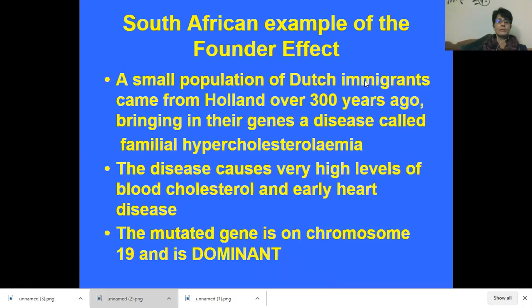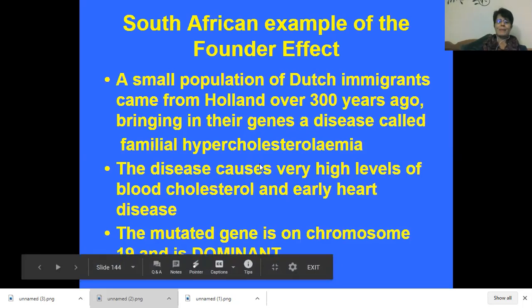So this we have done, and now there's two examples here. The Dutch immigrants that came from Holland 300 years ago not only brought Huntington's chorea, but there's a disease called familial hypercholesterolemia. So in other words, very high cholesterol.